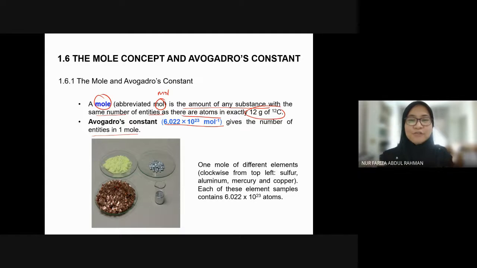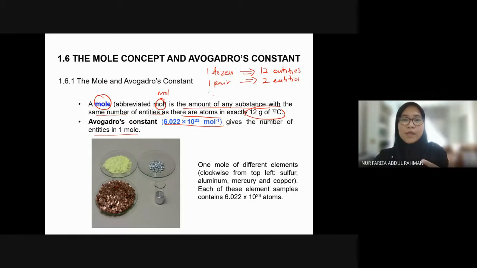In our world we use dozen, which represents 12 entities, and then we have pair, which means 2 entities.